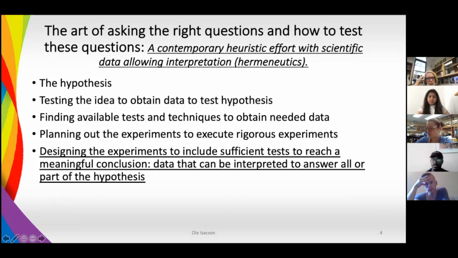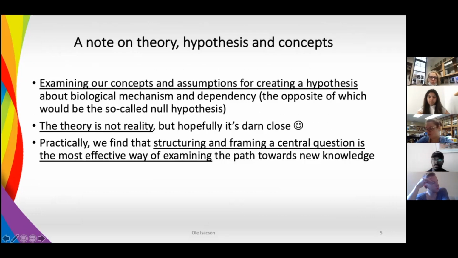So if you see the title above, that means that the data can be interpreted to answer all or part of the hypothesis. And so it's quite simple, in other words: you frame a question, you build experiments, and you get data. But before we move on, I just want to say something on theory, hypothesis, and concepts.